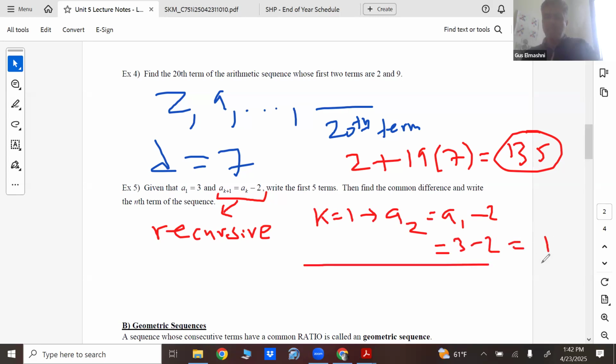Great. Now let's find the next term. This is not a fun process, and you'll see why in a moment. So now you plug 2 in. What's a2? Because didn't you have to use the previous one? That's why it's called recurring. You use the previous one to get the next one. What's that going to be?